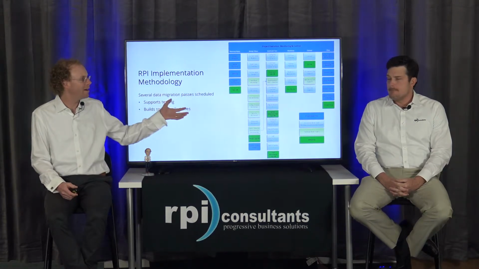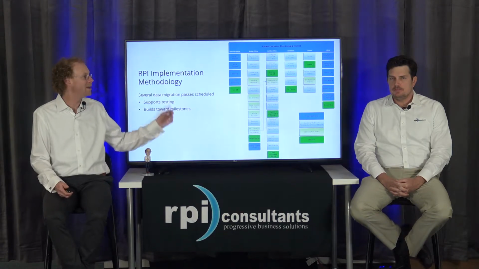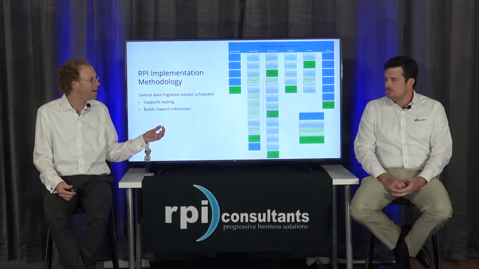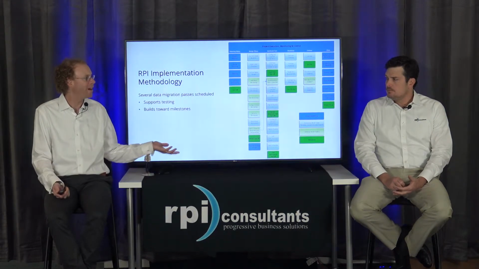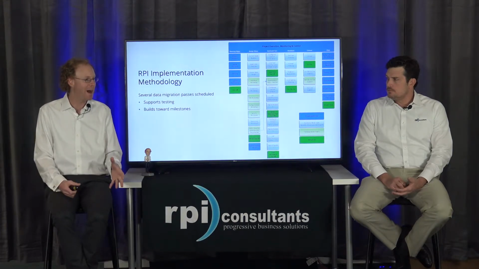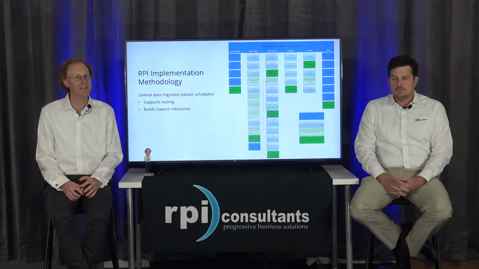In our global HR implementation, we'll have several migration passes scheduled at different points during the project. The migration passes are generally scheduled to support the needs of a testing round. We have various rounds of testing that have different objectives, so we have a migration pass that's geared towards setting the stage for that round of testing.